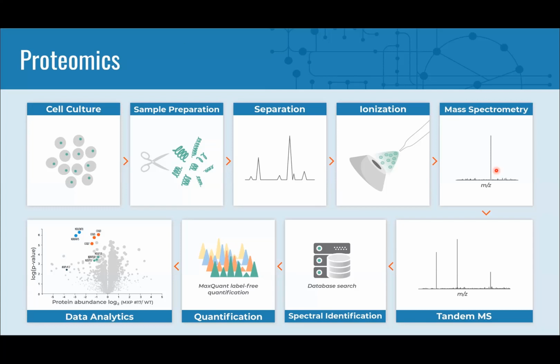We measure mass, and a mass measurement alone is typically not enough to get sequence, so we need to make it fall apart. That process of making it fall apart and measuring the mass of the pieces is called tandem MS, and you're all learning how to computationally analyze those data, which is fantastic. You can do quantification based on these signals as well, and then some sort of analytics to see what you found.